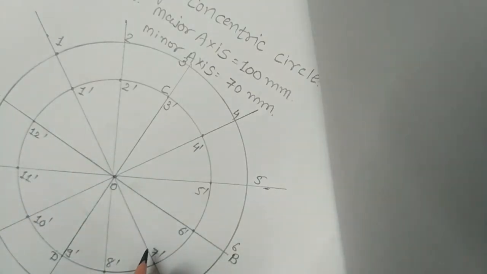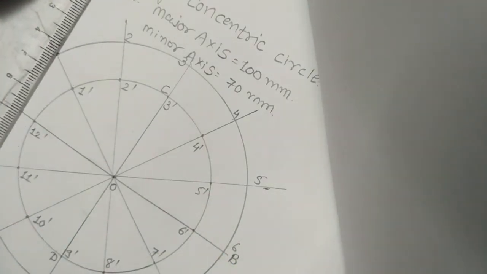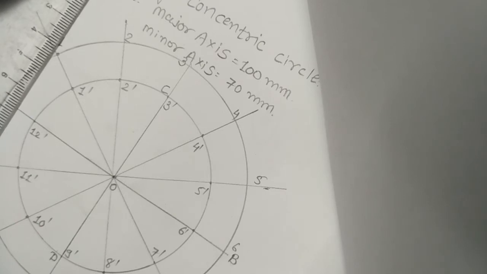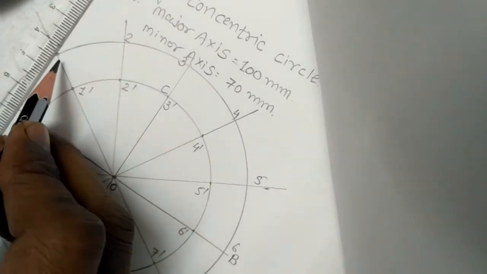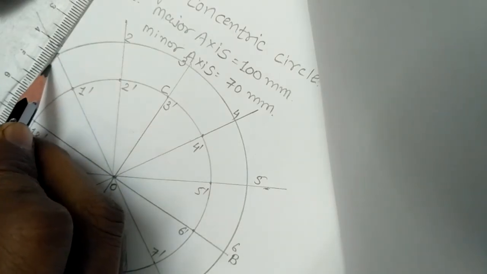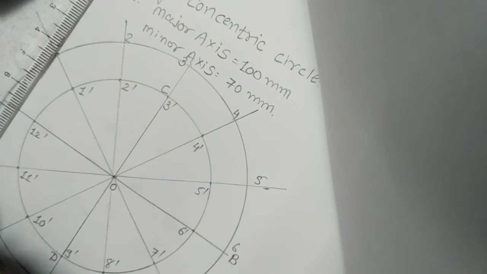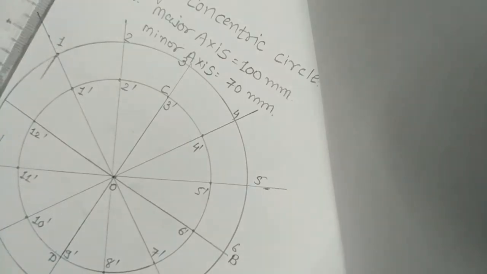Okay. Now from each of the points on the outer circle I will extend a vertical line. Just observe over here. From 1 I am going to extend a vertical line towards the inner side. Similarly from 11 towards the inner side.